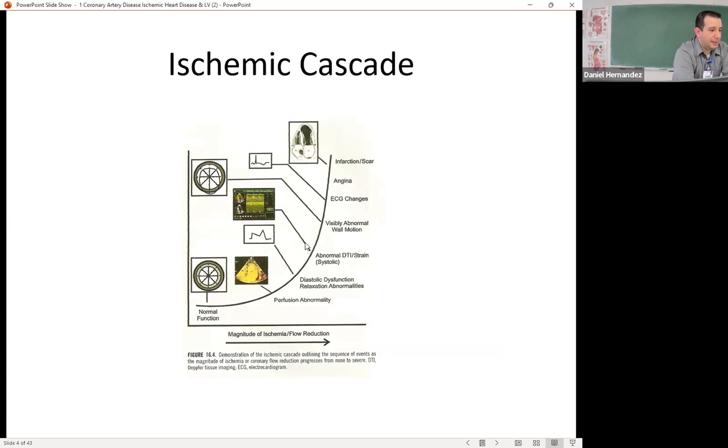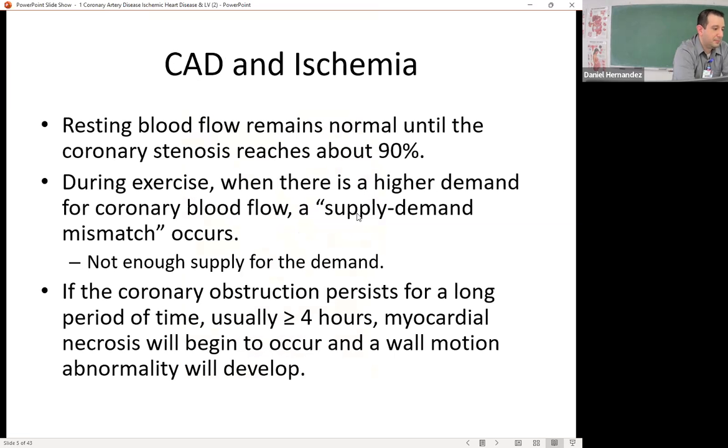We're trying to increase that demand to visualize wall motion abnormalities that might be present before the patient enters into chest pain, and before they have a true myocardial infarct. So before we actually infarct that tissue and the patient has an MI, we're trying to get them into this position where we can visualize these wall motion abnormalities when we do that stress echo.